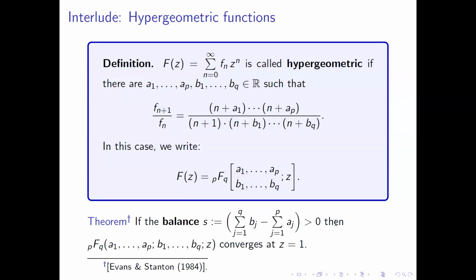Hypergeometric functions have an important property that we can use here: we can look at these coefficients that define them and determine whether or not they converge on the boundary of their domain of convergence. A hypergeometric function has a balance S, which is the difference between the sum of the B's and the sum of the A's. If that balance is positive, then it will converge on the boundary.